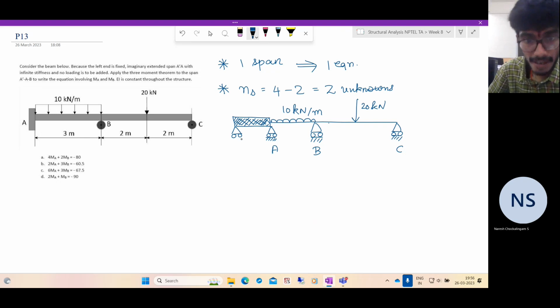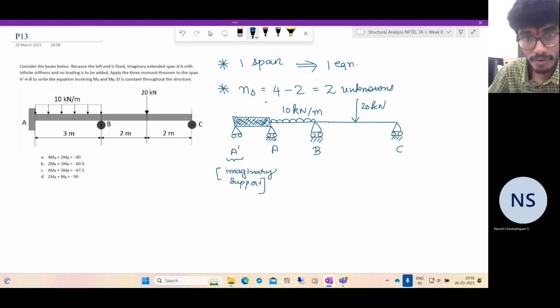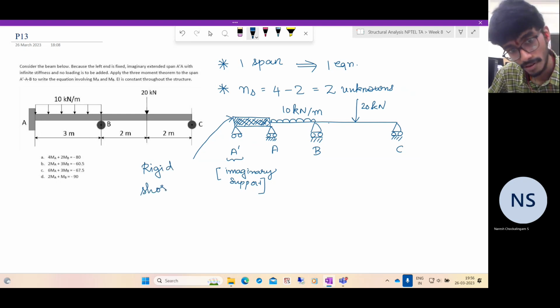Now, we extend the span to an imaginary point A prime, just some imaginary point. It's not real. So I have an imaginary hinge support at the point A prime. But what do you do? In between A prime and A, the span is filled by a rigid beam. So this is a very rigid, short beam.